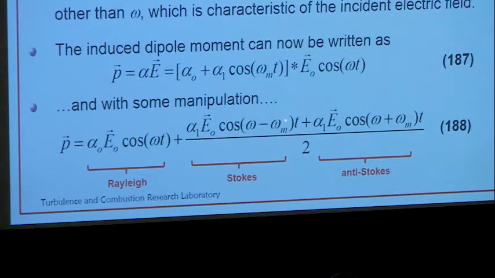Now remember, this frequency can be either the vibrational frequency, which may be a couple thousand wave numbers or something like that, or the rotational frequencies, which would be single wave numbers. So again, keep in mind, this is right now any generic motion from the molecule.